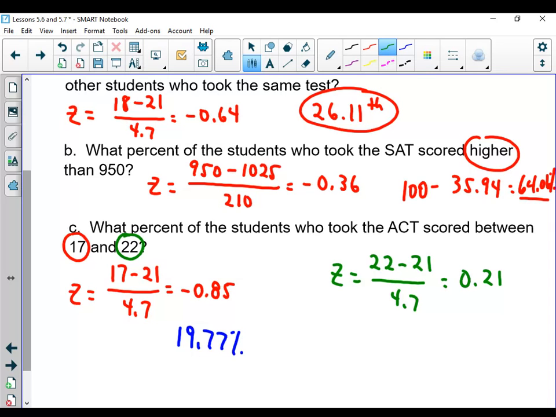So now make sure you go to the positive side. And that should be 58.32.